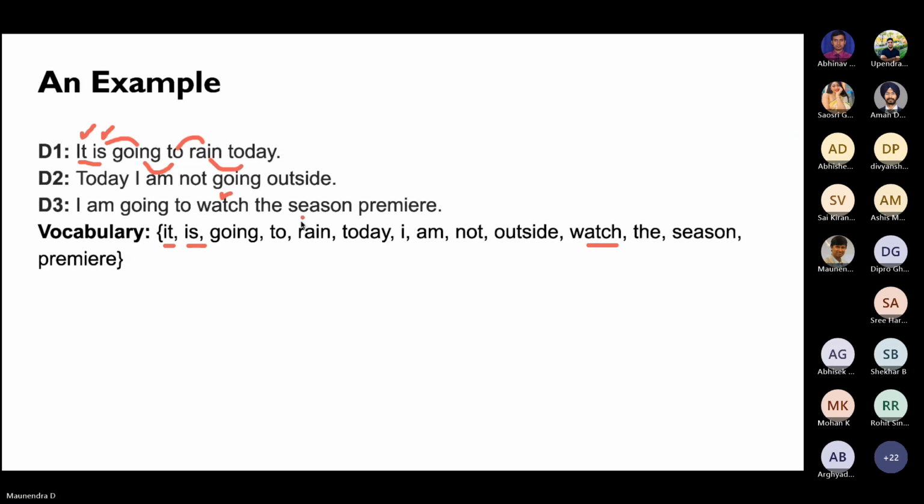These single terms are called unigrams. Uni means one, and these are called unigrams or word unigrams. On the other hand, if you look at rain today, this becomes a bigram.